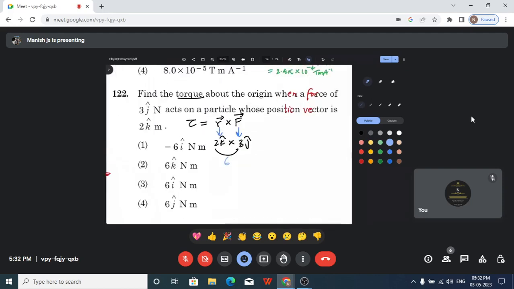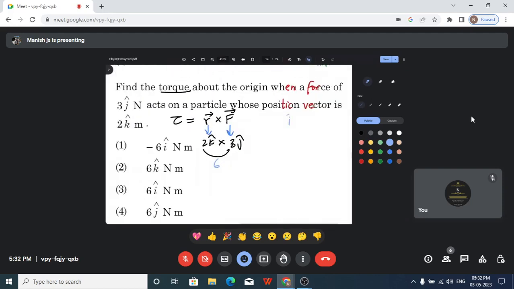I hope you are already aware of vectors: i comes first, then j, and then k. But here we are going in the opposite direction. When we go in the opposite direction, you will take the opposite sign also. So k cap cross j cap will give you minus i cap.